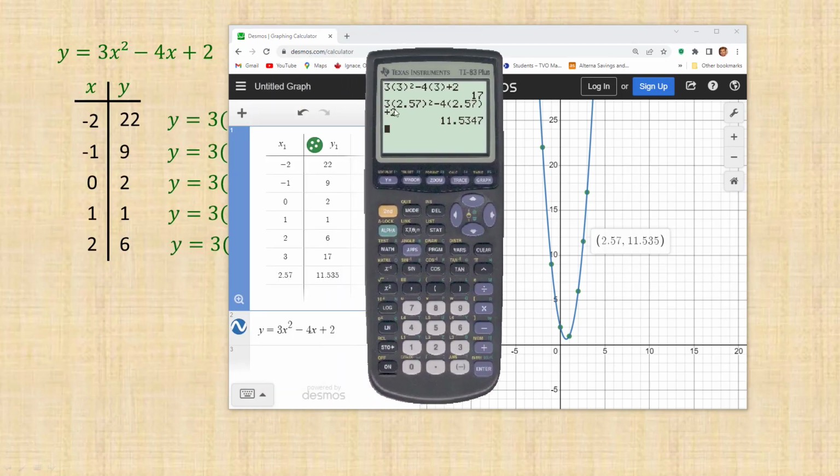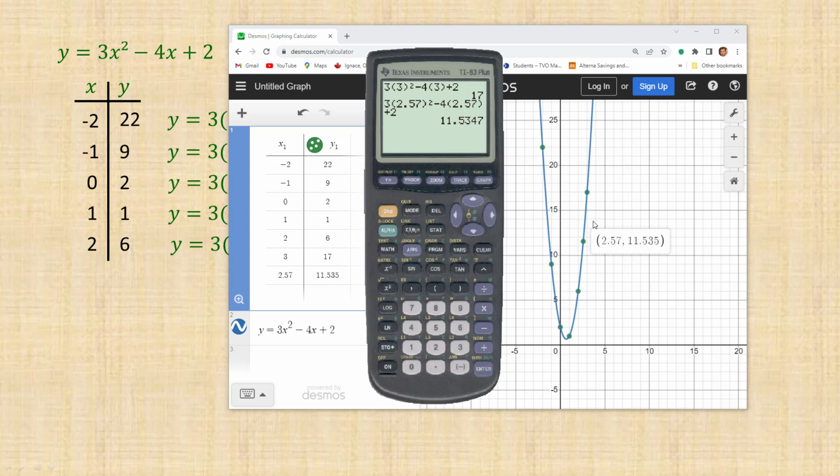I punched it in here, so 2.57 is my x value. Now notice the y value doesn't work out to be exactly the same, and I think that's because Desmos is just approximating here. It's rounding to 3 decimal places. So the exact value should be 11.5347, but it's just rounding. So basically it does satisfy the equation. Desmos is just rounding to 3 decimal places.